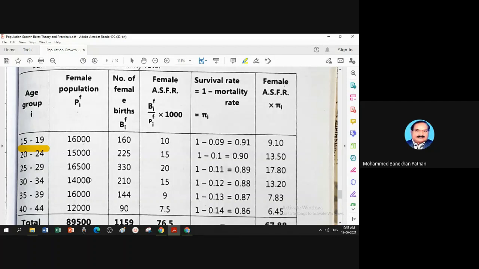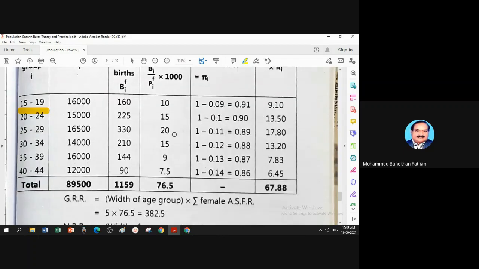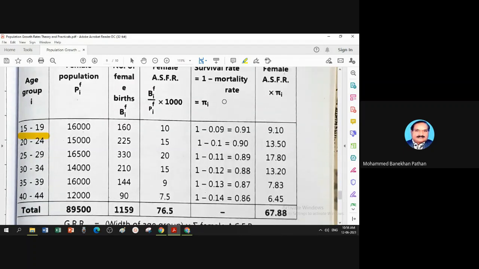Female population, female birth. In example 1, total births were given. Here female births are given. Here female ASFR. Survival rate, 1 minus mortality, denoted by pi I. Female ASFR multiplied by pi I. You can perform the calculation according to these headings.